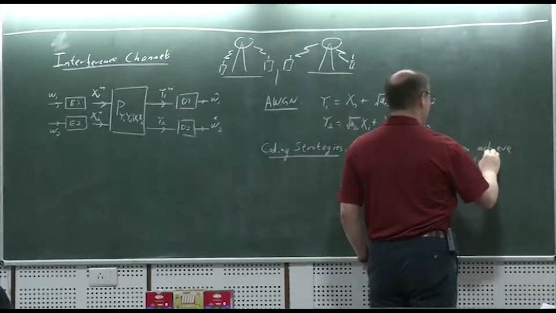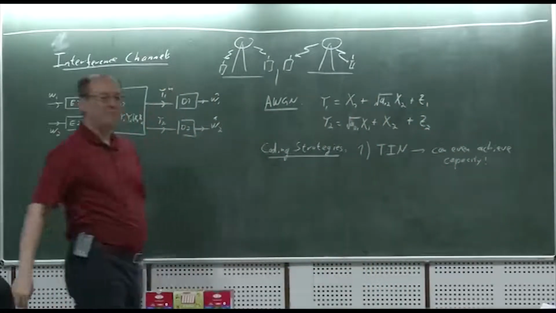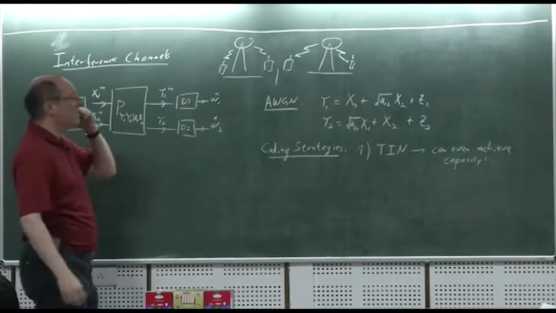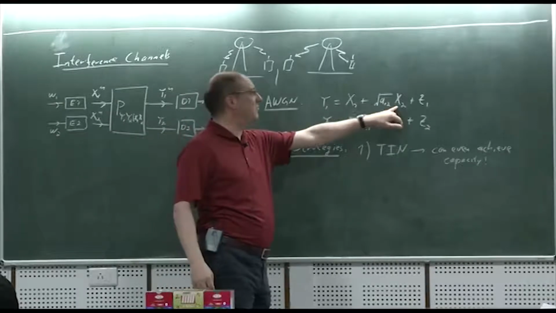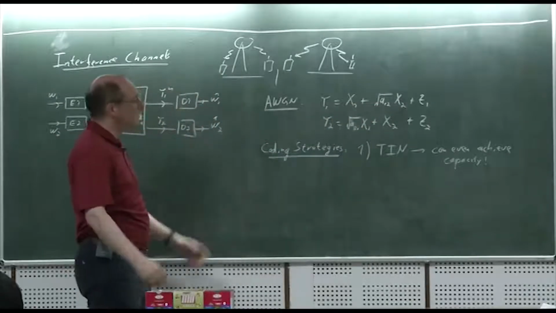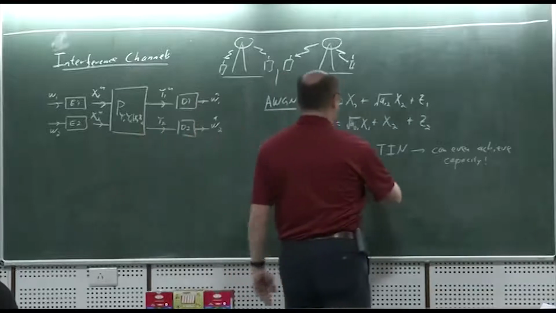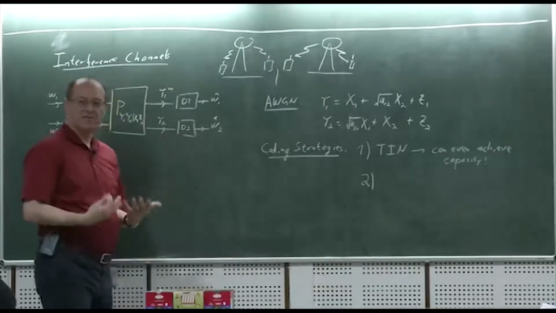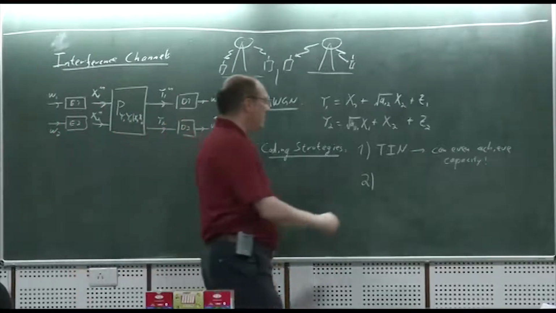I wouldn't have guessed that because, on the other hand, if the rates are high enough, then who knows, right? So then maybe X2^n, you can't do much more with it than treat it as noise. And it turns out to be the case. For low interference, treating interference as noise is currently the best method we have.